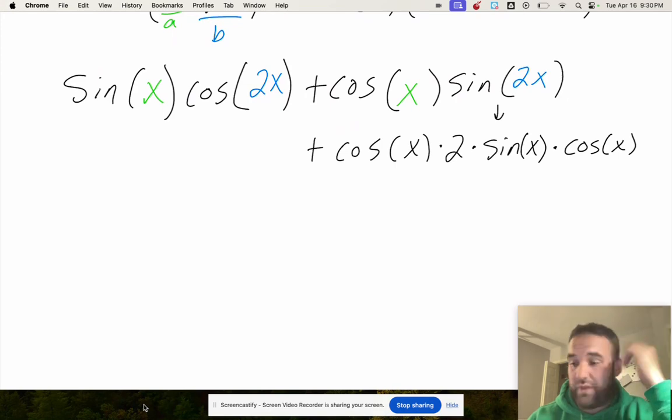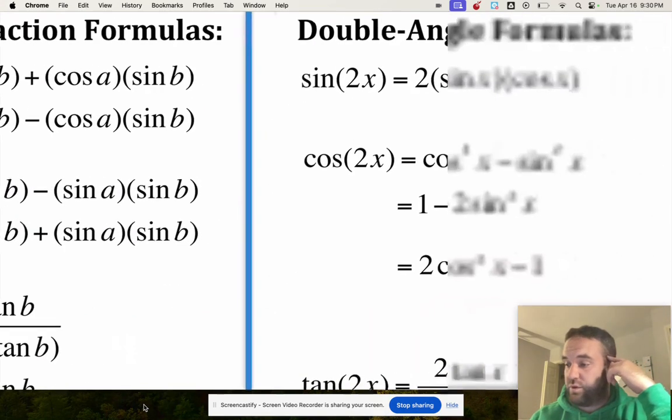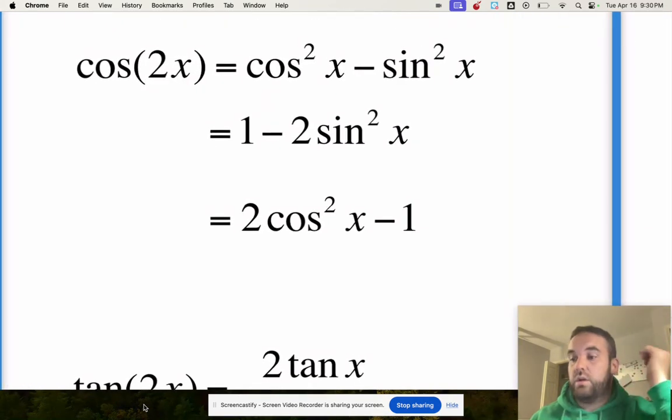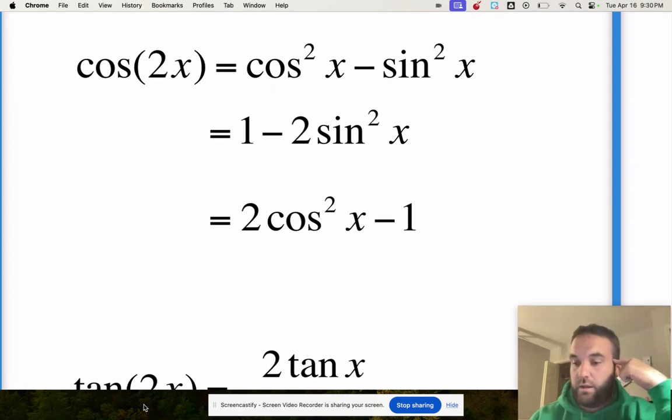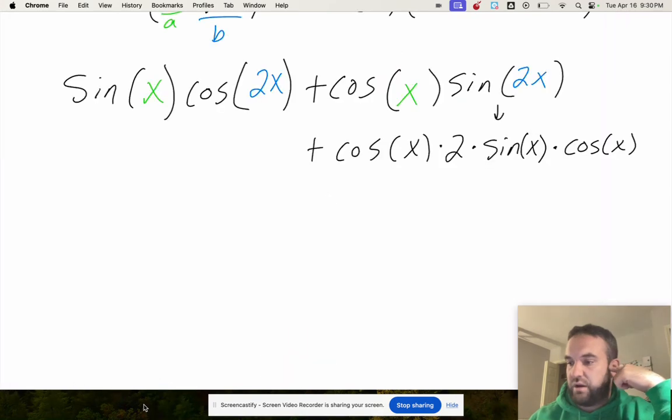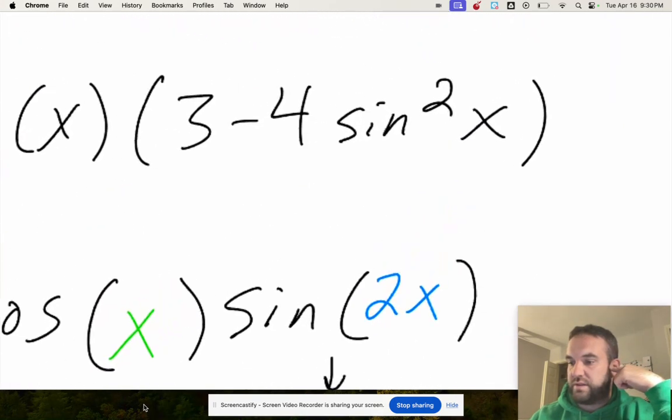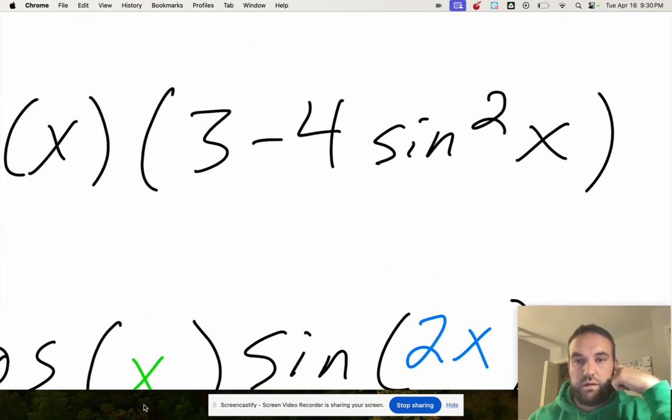Now the tricky part about that is cosine of 2x, I have multiple options, right? I could do cosine squared minus sine squared, or the second variation 1 minus 2 sine squared, or the third variation 2 cosine squared minus 1. But if I look at what I'm trying to verify, there's a 3 minus 4 sine squared x.